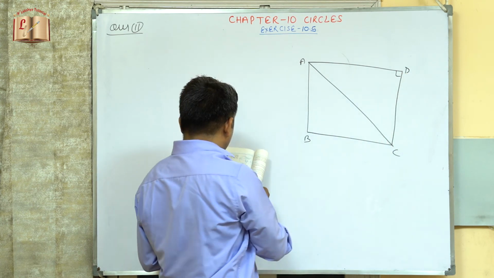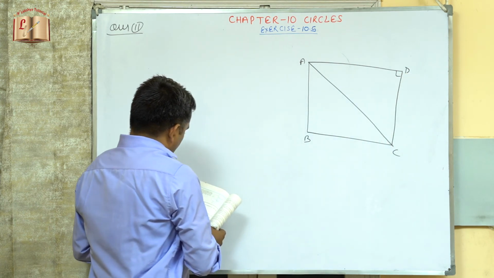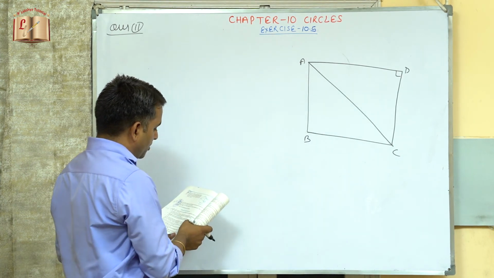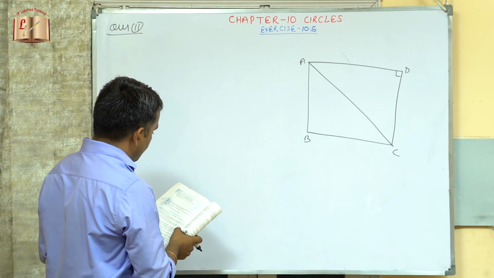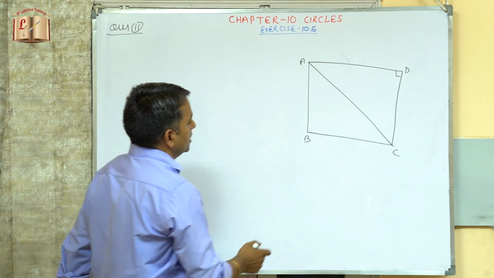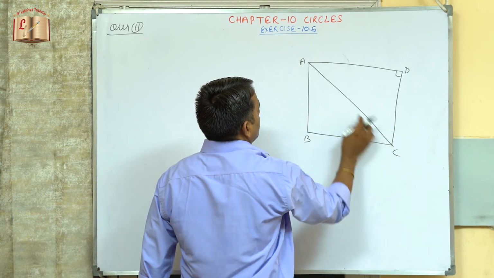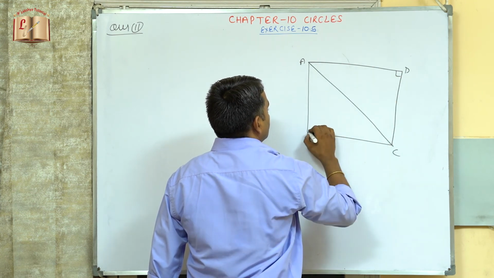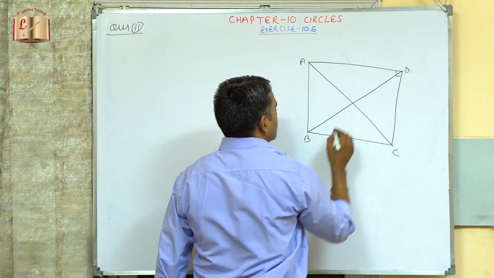This is now D. ABC and ADC are the two right angle triangles with a common hypotenuse. Prove that angle CAD is equal to angle CBD. So we need to join this.